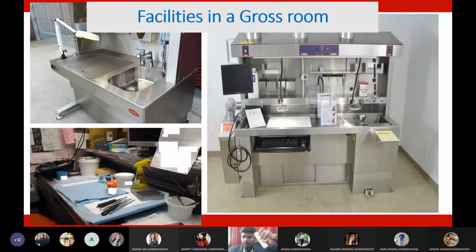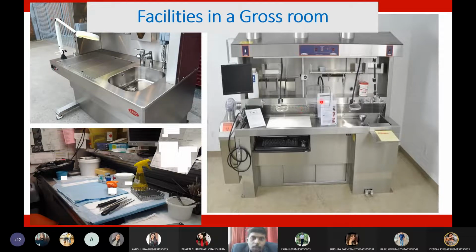We are cutting here, and it has a slanted surface. On this slanted surface, there are many holes, and through these holes there is negatively circulating air. So whatever fumes are present around this sample will be sucked back by the system. So this system is available in this working station or grossing station.